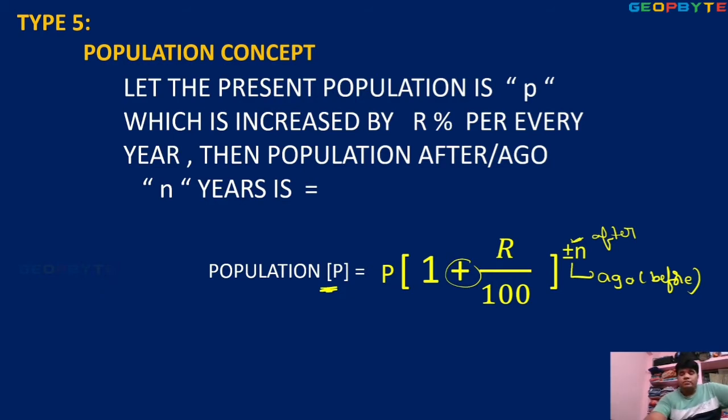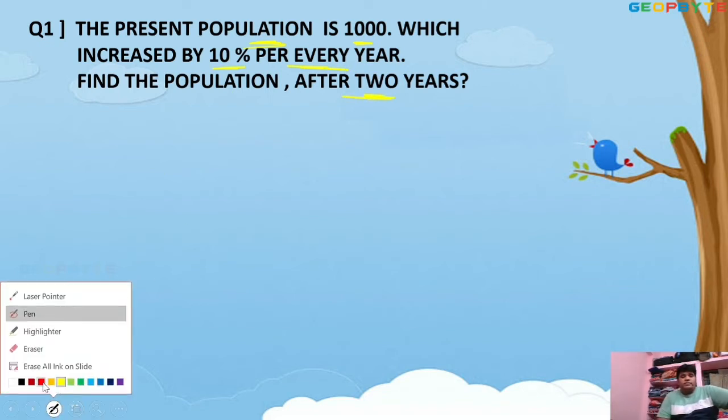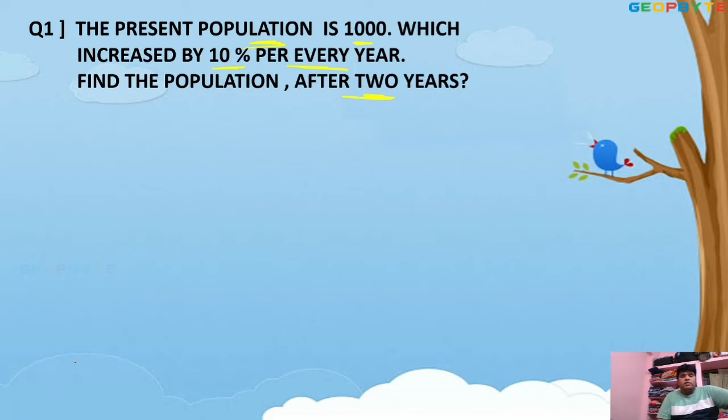Next, look at the example. The present population is 1000, which increases by 10% every year. Find the population after 2 years. Children, first the present is 1000.